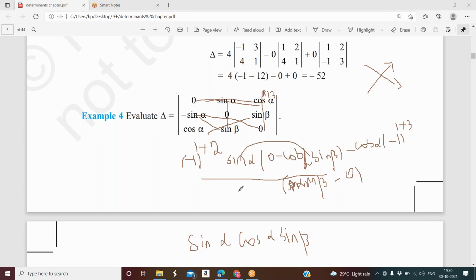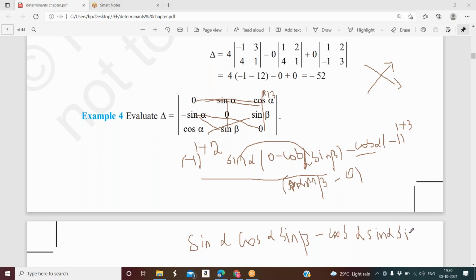Next, minus 1 power 1 plus 3 is minus 1 power 4, which is plus 1. Here I am having minus cos alpha. When you bring this minus cos alpha inside the bracket, you are getting minus cos alpha times sin alpha sin beta.